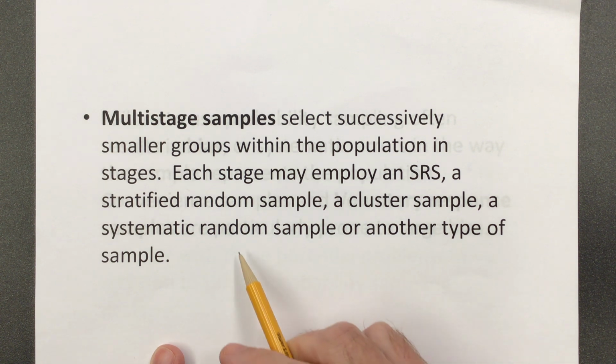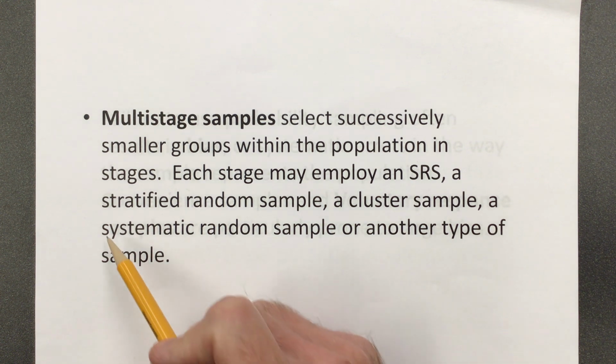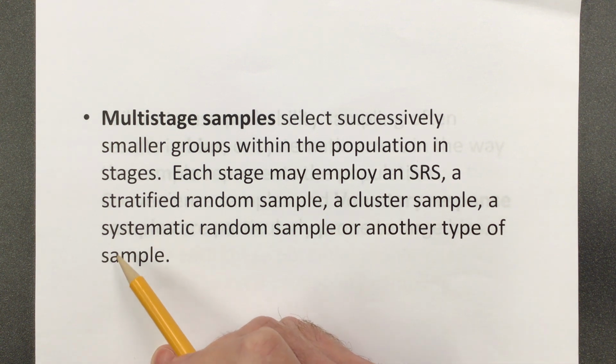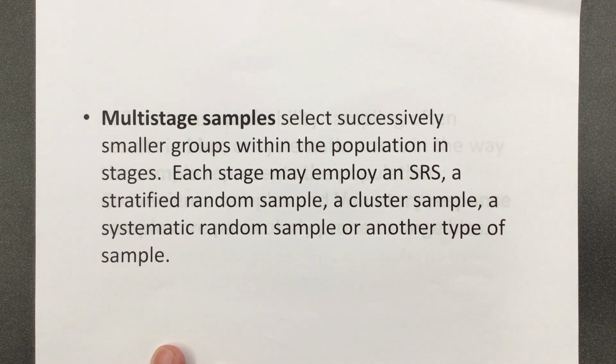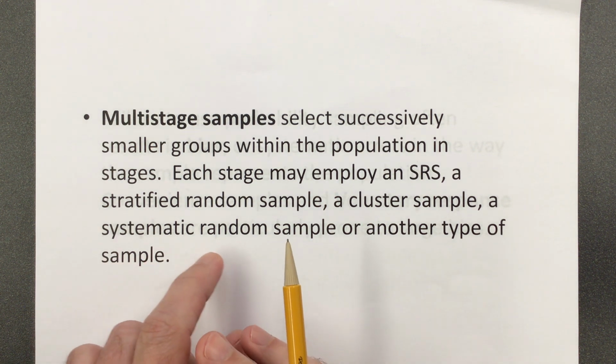Is it random? Yes, that's why the word random is there. But it's not an SRS. Again, systematic random sample. SRS only refers to simple random sample. So it's not a simple random sample because we are guaranteeing that everyone with the number 1 always goes in the same group. I'll never create some group where there's a 1, a 2, and a 3.